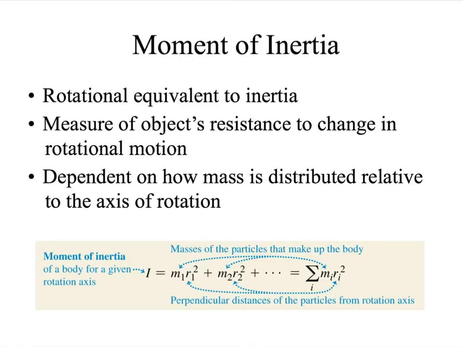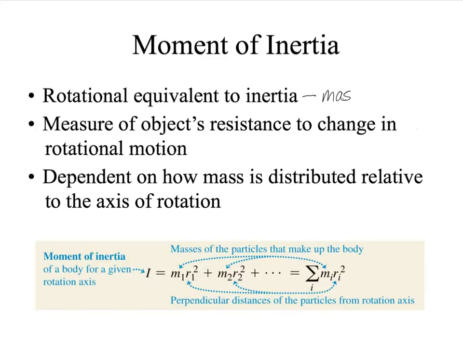So first of all, let's talk about moment of inertia, just a quick review. When we're looking at the kinetic energy of an object that's rotating, we come up with an expression that we call the moment of inertia. I like to think of it as the rotational equivalent to inertia that we were introduced to in chapter 4 when we learned about Newton's laws of motion.